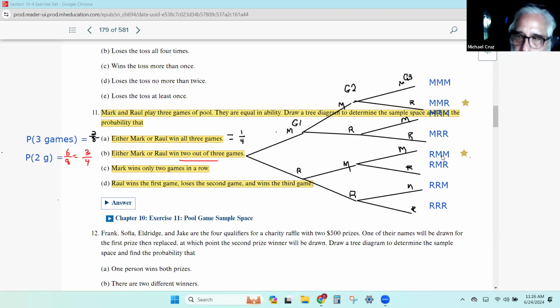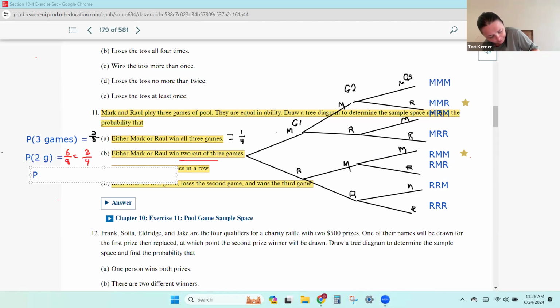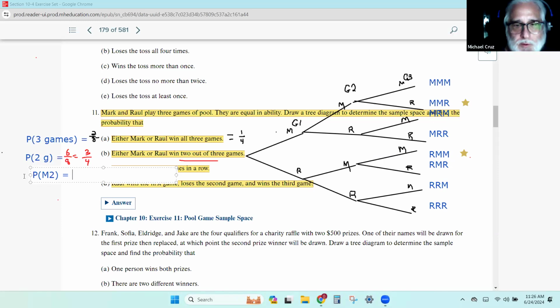These are in a row. So I'm just going to put M2 for 2 in a row for Mark. Two out of eight. So that's 1/4.